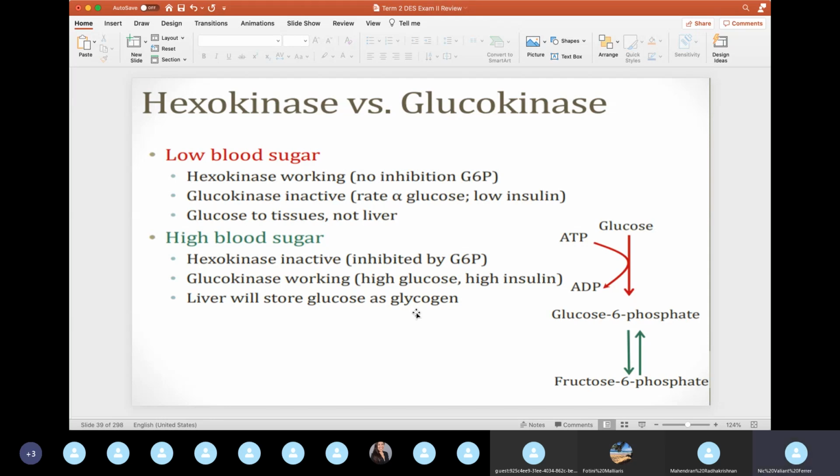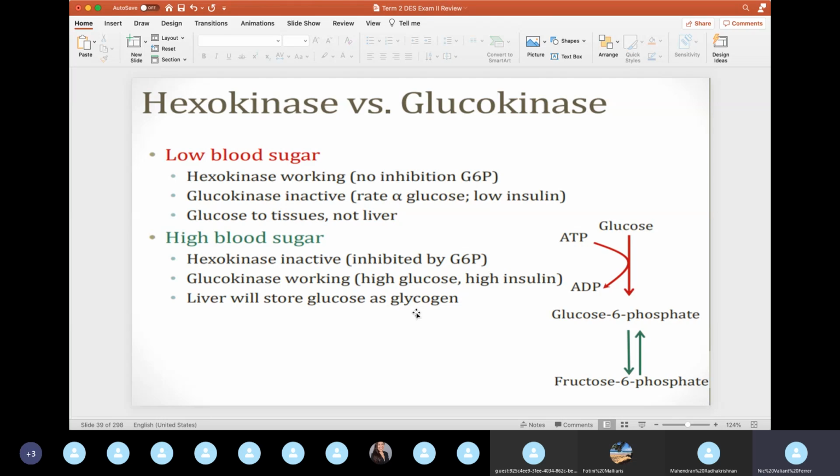In low blood sugar, the glucose goes to your tissues. You don't want it to go to your liver. If you eat a lot and after a meal you have a high blood sugar, glucokinase is working. You have high glucose. Remember, it is high insulin. In the presence of insulin, glucokinase is working. So you can say that it is insulin dependent.